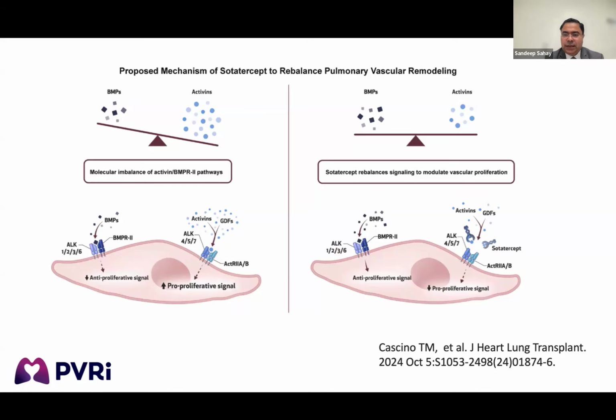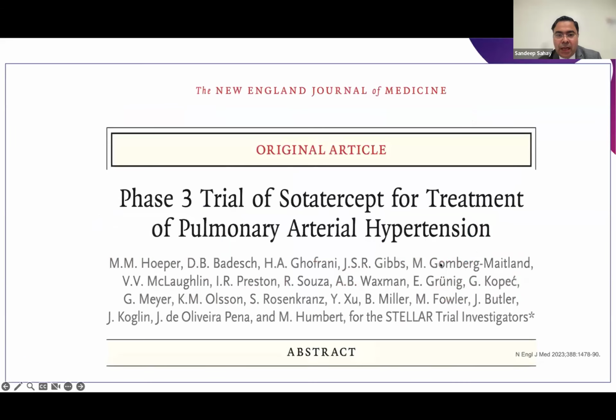As you can see on the right side, this is the smooth muscle cell where you have this activin A receptor ligand trap, highlighted here with Sotatercept, and it blocks this signaling and decreases the pro-proliferation signaling. It also modulates BMP, which is the anti-proliferative signal, but predominantly it's an activin ligand trap, so it decreases the pro-proliferative signaling in the smooth muscles.